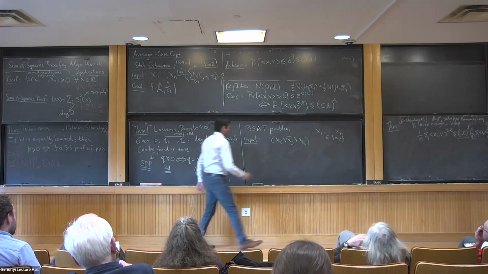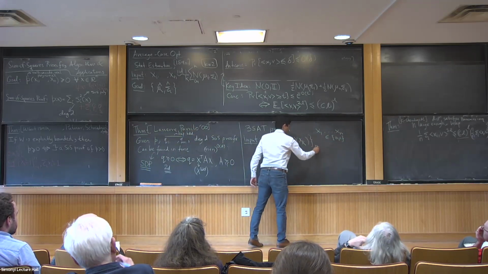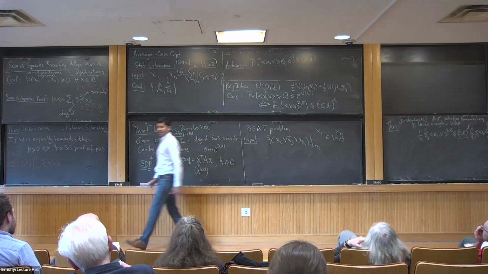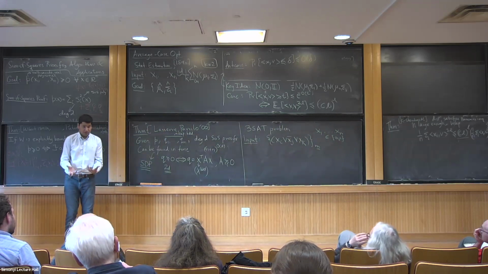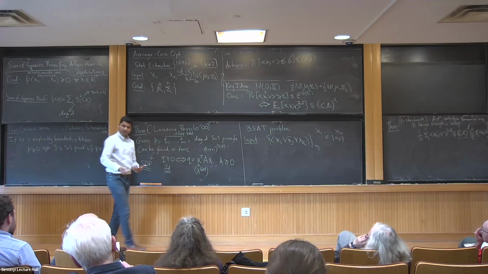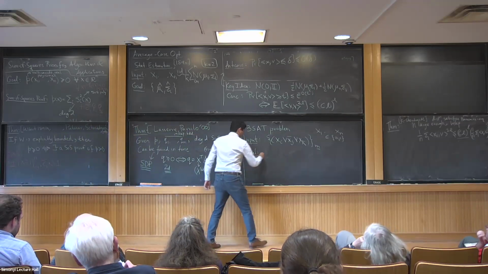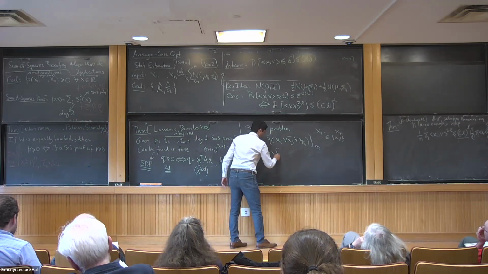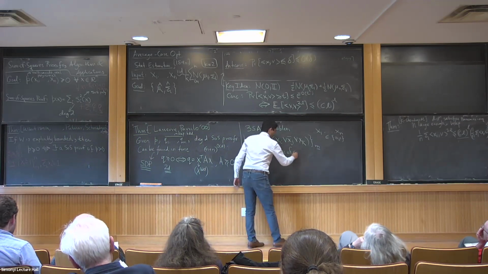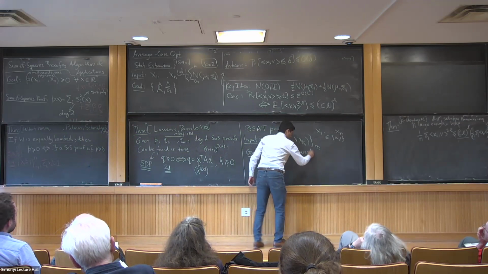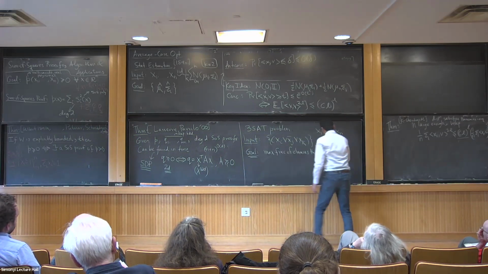I have m clauses. Each clause is an OR of 3 literals. Literal just means a variable or its negation. And I'm interested in finding the max fraction of clauses that can be simultaneously satisfied.